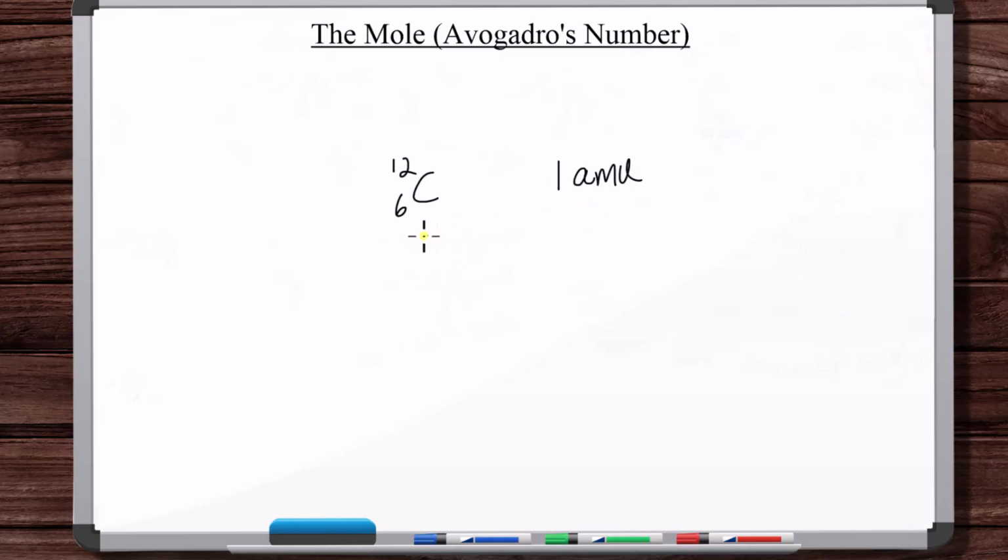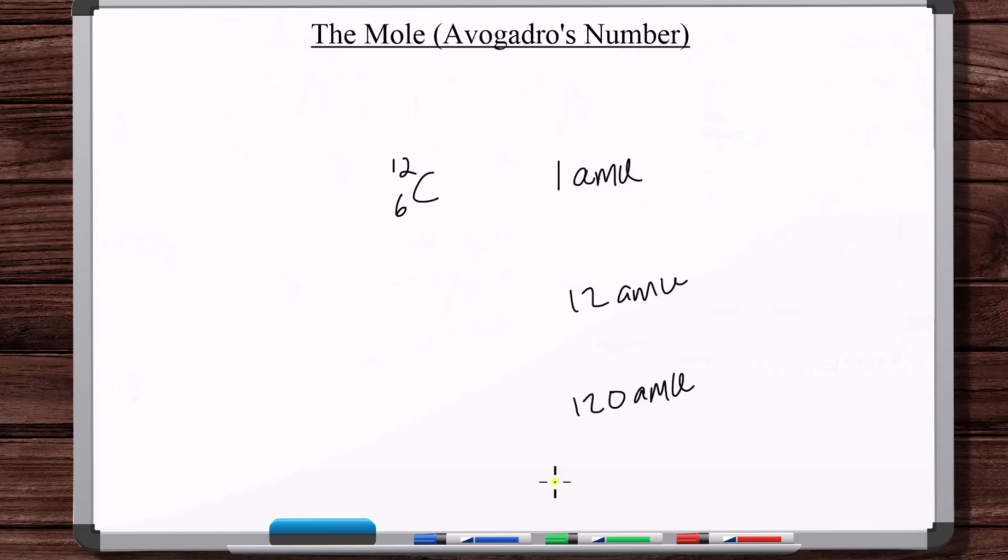If carbon-12 weighs 12 AMU, then whatever you took the mass of is going to be 120 AMU, right?